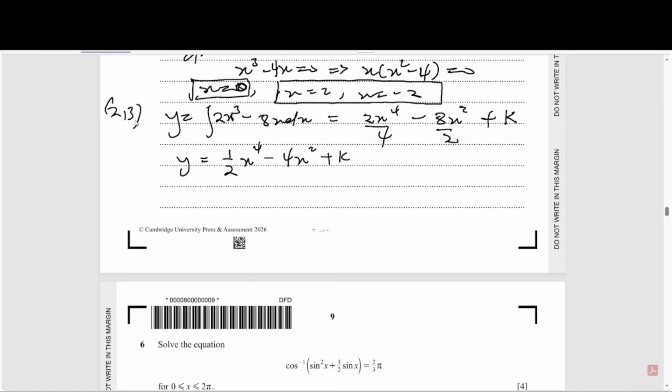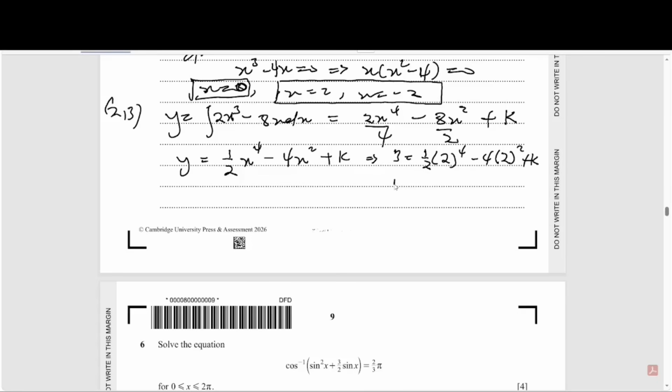When x is 2, y is 3. So that will imply that we have y is 3 here and x is 2. So we have over here half times 2 to the 4 minus 4 times 2 squared, and then plus k.